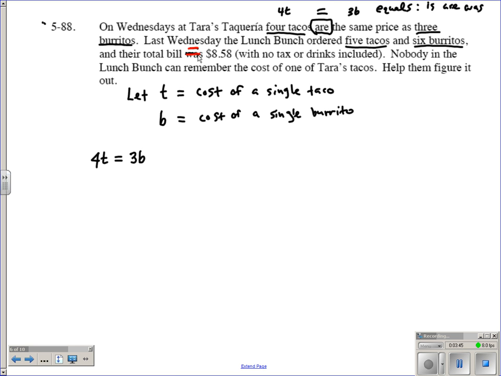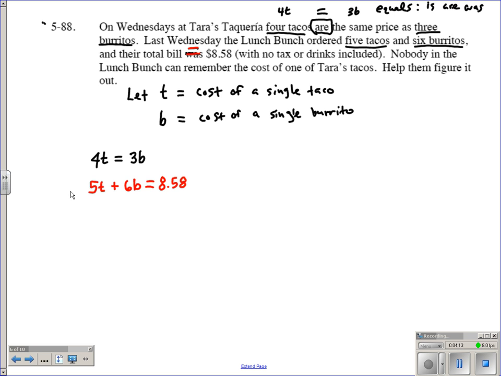So our second equation is going to be something that equals $8.58. Well, 5 tacos we could say is 5T. And if we're combining it with 6 burritos, 5T plus 6B should equal $8.58.